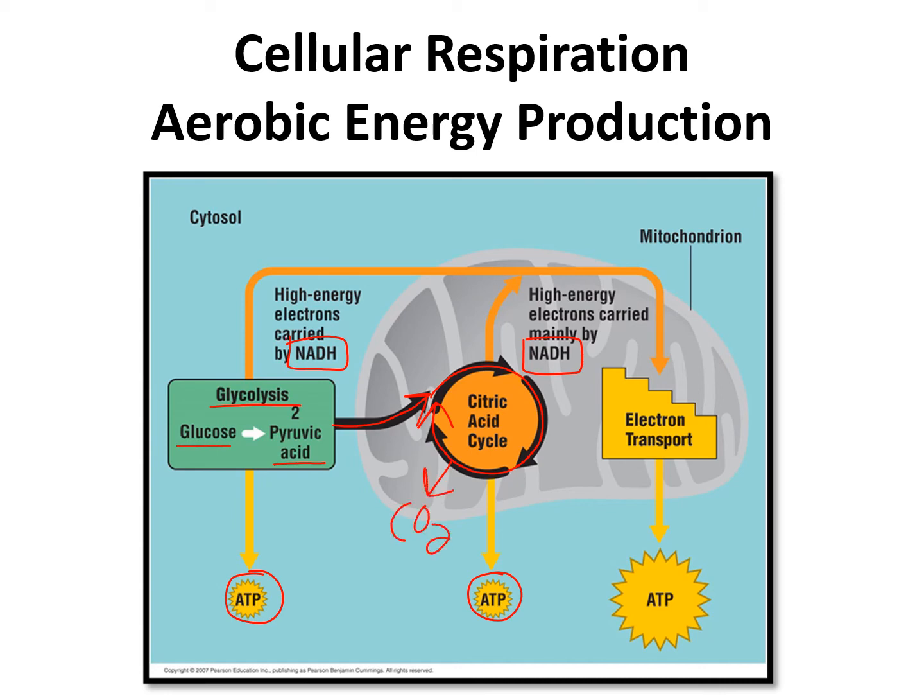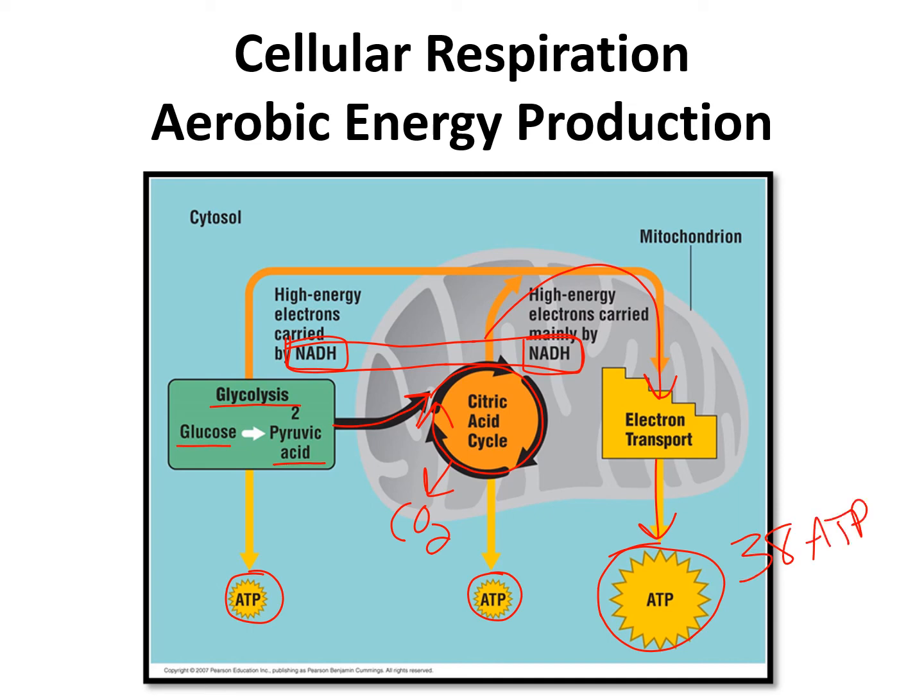Then those electron carriers travel to the electron transport chain, where they go through the process to generate the largest amount of ATP. And again, from 1 glucose molecule, a maximum of 38 ATP can be produced.